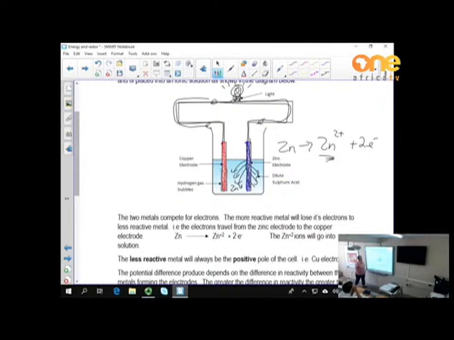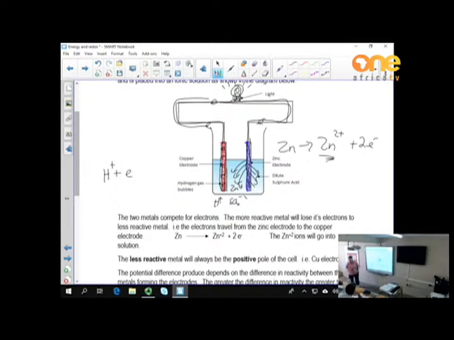Now because we have a solution here, in the solution we have sulfate ions and hydrogen ions, because it's diluted in water. We find that on this electrode, the hydrogen ions in the solution will gain an electron because these electrons are there.